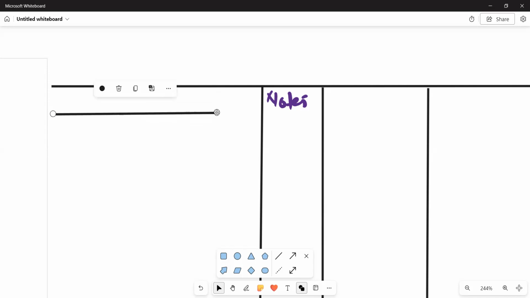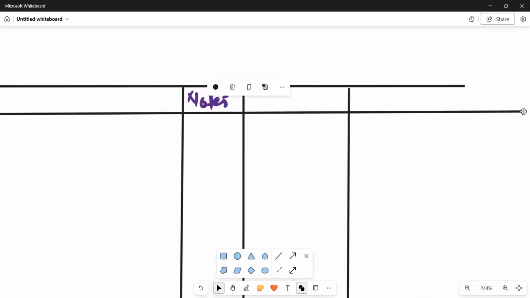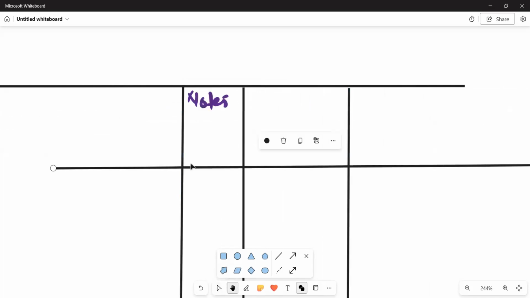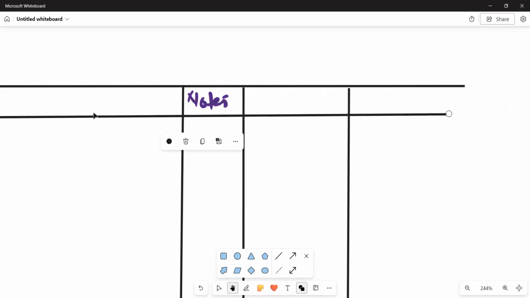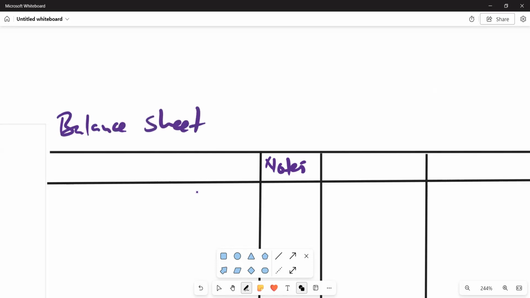Right, and obviously our balance sheet is supposed to also have a heading. So let's try to see. On the heading of our balance sheet, we are going to say balance sheet of Siyabonga Nkulu.